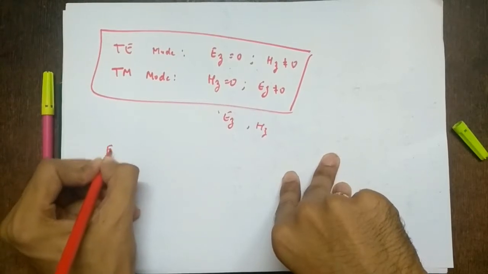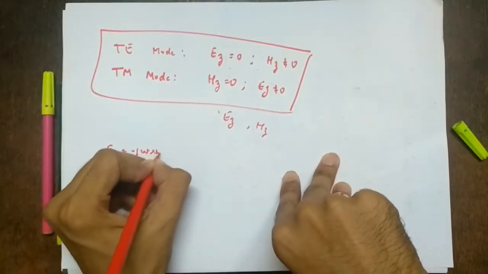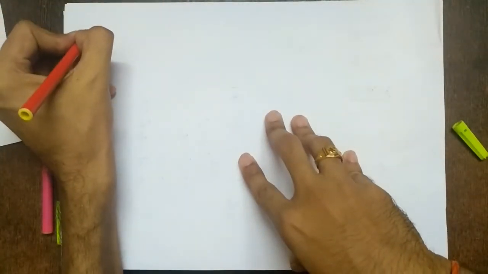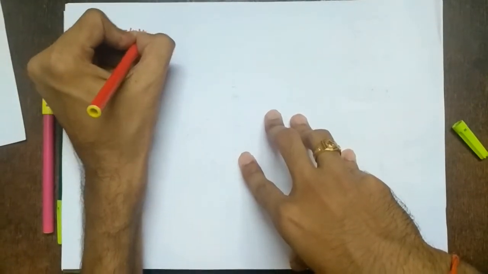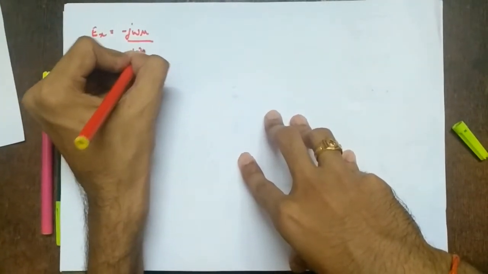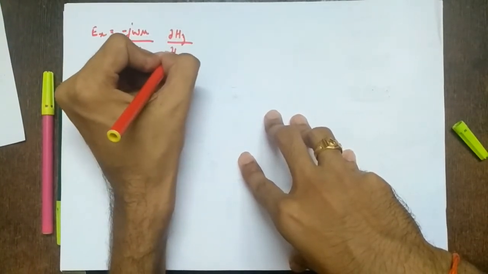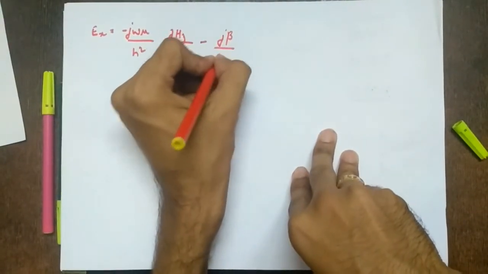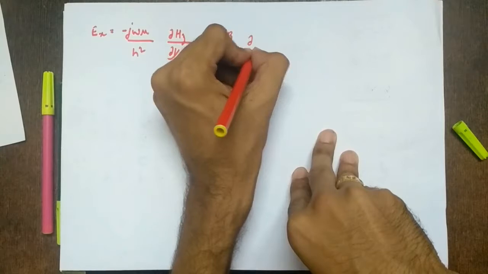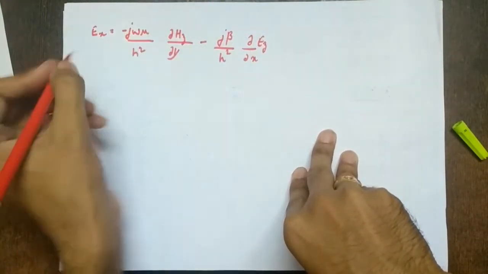So there are four equations. I will use a new page. Ex is equal to minus j omega mu by h square del Hz by del y, minus j beta by h square del Ez by del x.